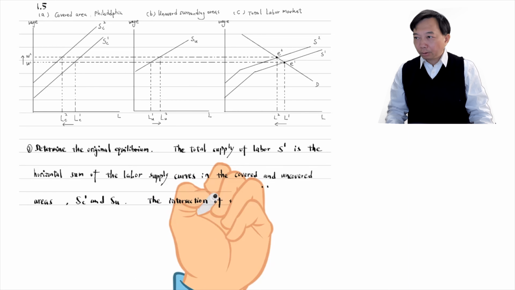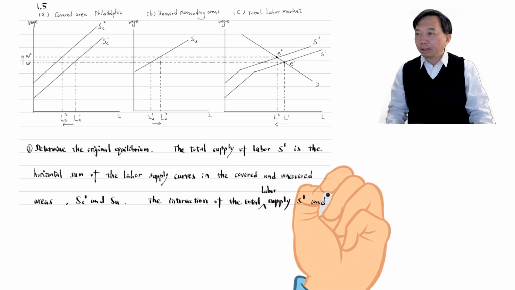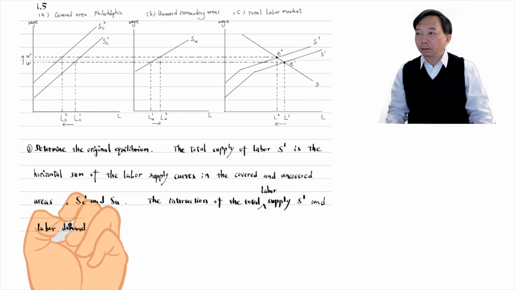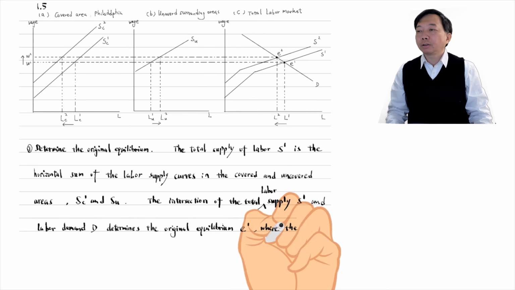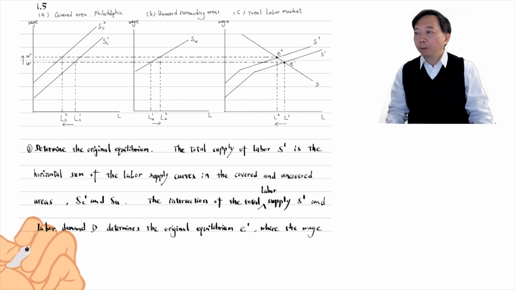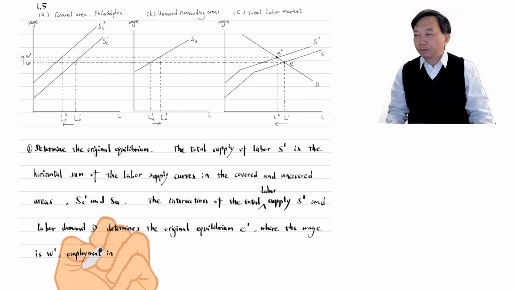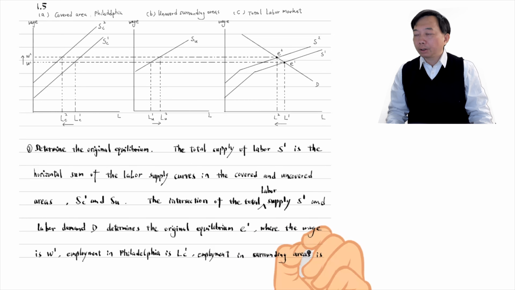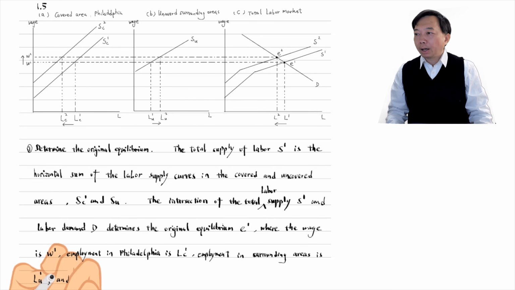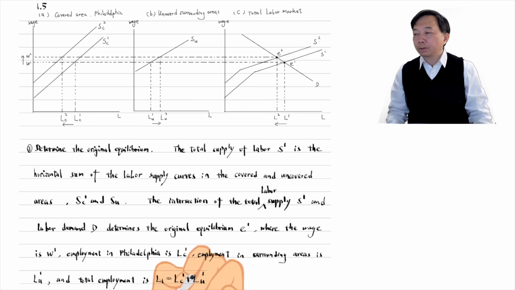The intersection of the total labor supply S1 and the labor demand determines the original equilibrium E1, where the wage is W1, employment in Philadelphia is LC1, employment in surrounding areas is LU1, and total employment is L1 equal to LC1 plus LU1.